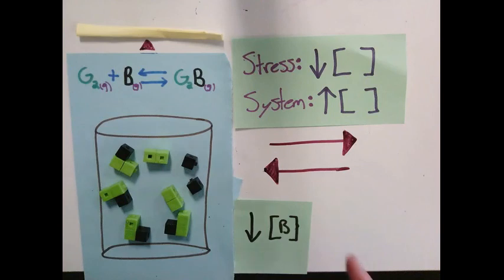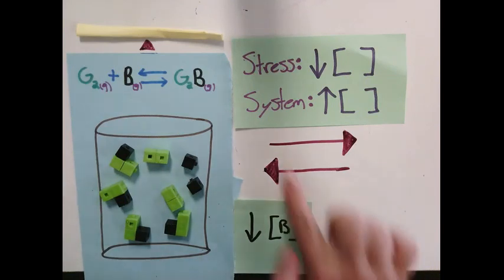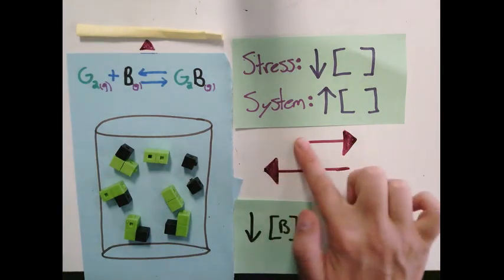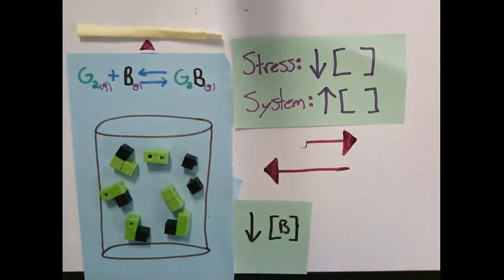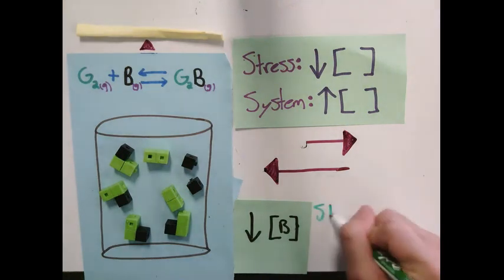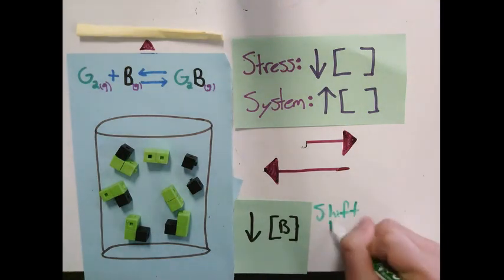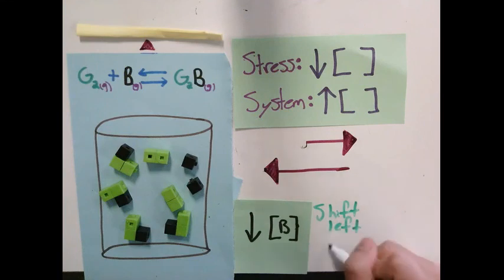So our forward reaction is actually getting smaller because there is less chance that they collide, meaning that our reverse reaction is stronger, causing our overall reaction to shift to the left, like so.